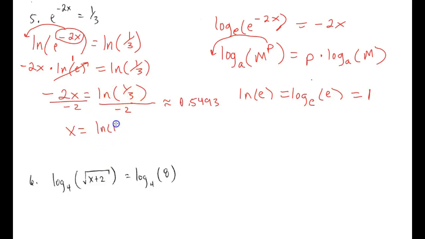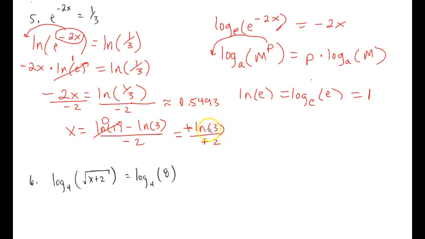Okay. Now, if we wanted to keep on going, here we note that natural log of 1/3 is the same as natural log of 1 minus natural log of 3, all that divided by 2. And natural log of 1 is going to be 0, because log of any base evaluated at 1 is 0. And so now from here, you see that we have negative natural log of 3 divided by -2, and thus why you see that our answer up here was positive.